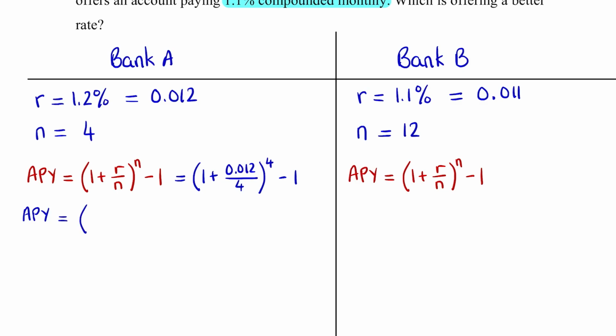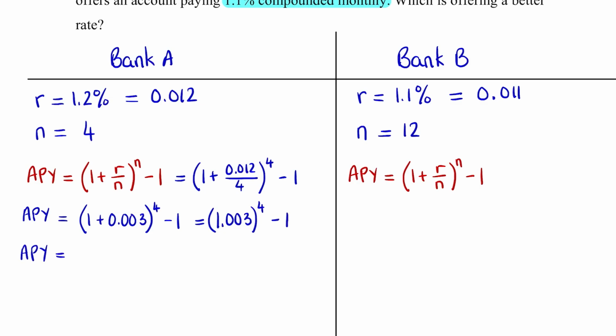I have 1 plus 0.003 to the 4 minus 1. 1 plus 0.003 is 1.003. So I have 1.003 to the 4 minus 1.